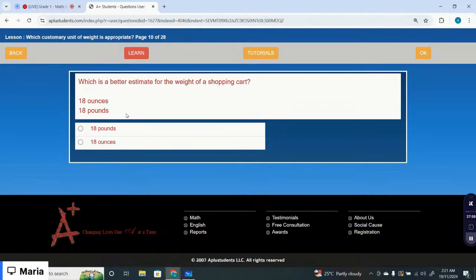The correct option is 18 pounds. Option number 2 is the correct option. Okay, you can complete the lesson by yourself later today. Let's just move on to the next lesson.